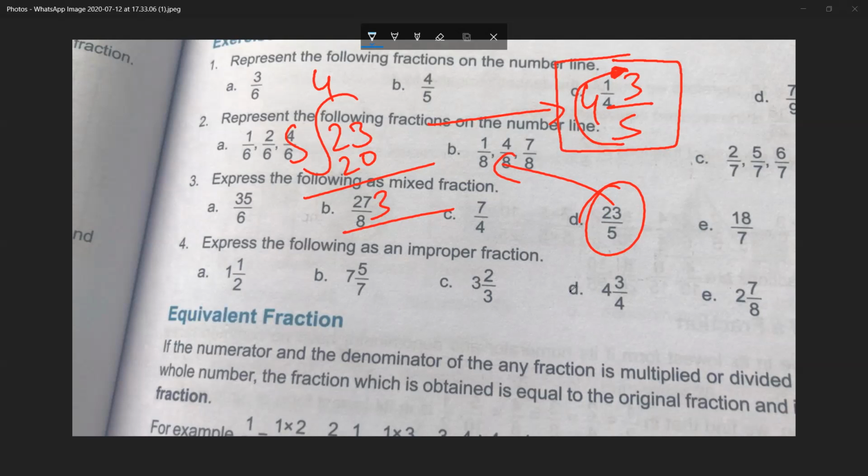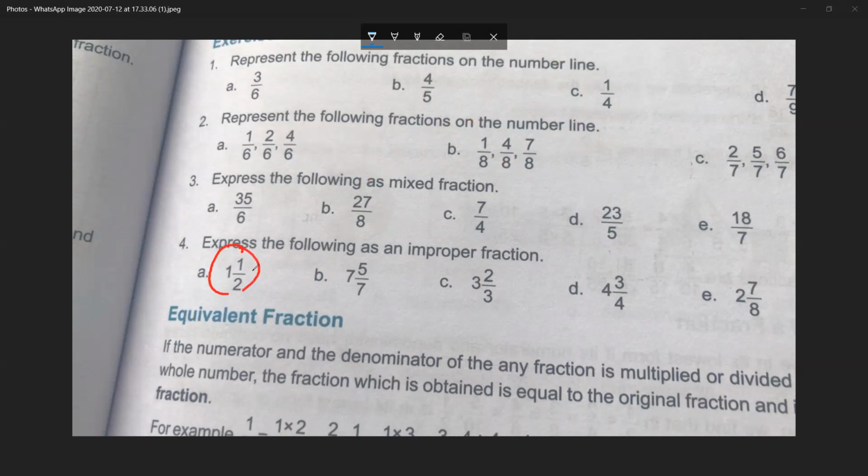So for example, I want to make an improper fraction of 1 and 1 by 2. I draw a circle like this. These two get multiplied and the answer gets added to this. So 2 1s are 2, plus 1 is 3. 3 by 2. Have you understood? Yes, sir.